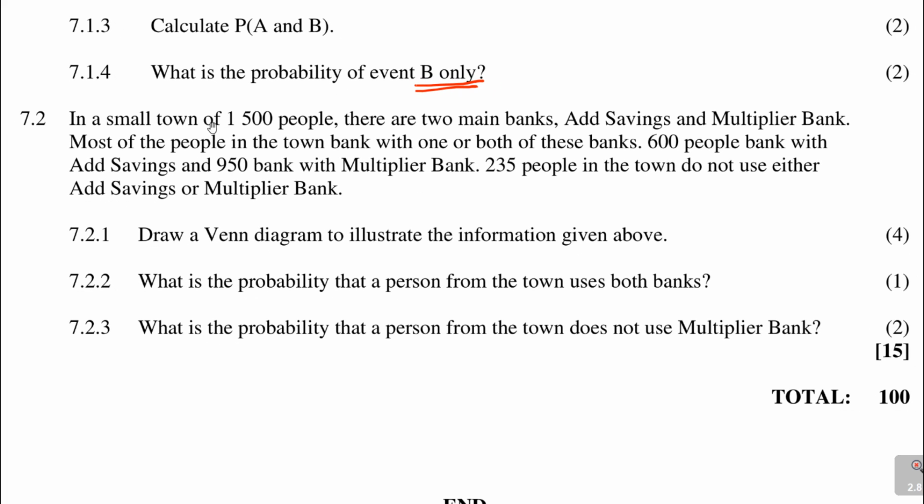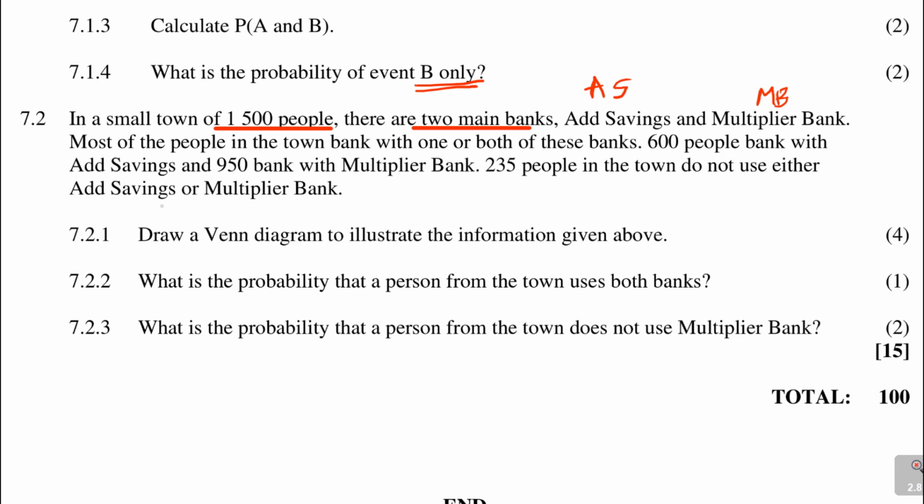In a small town of 1,500 people, there are two main banks: At Savings, we are going to call it AS, and Multiplier Bank, we are going to call it MB. So those are the two banks.